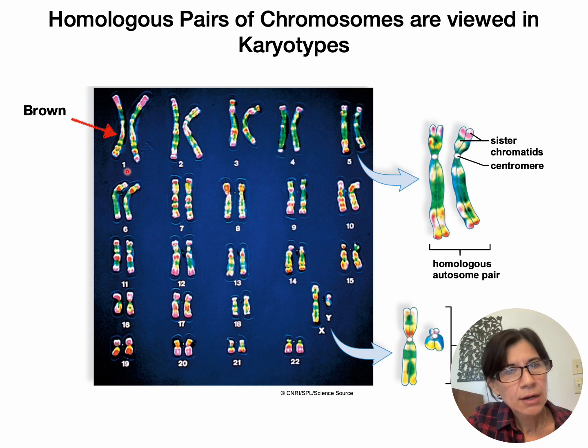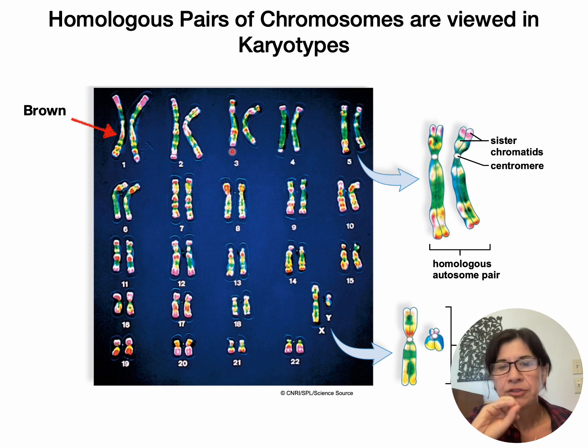These pairs of chromosomes contain the same genes, so we refer to them as homologous pairs because homo means same. Homologous chromosomes are chromosomes that are the same. They contain the same genes. Okay, so that's number one.